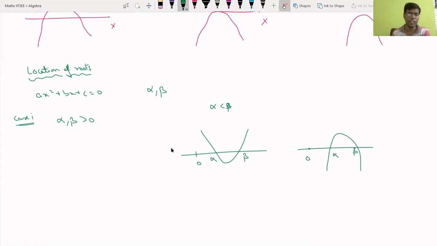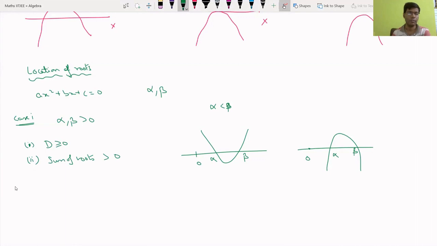So what are the conditions for alpha beta to lie on the positive side of the x-axis? Basically, my discriminant should be first of all greater than equal to 0. So this is the first condition. My second condition will be the sum of the roots. Because alpha and beta both are positive, the sum of roots will be greater than 0.